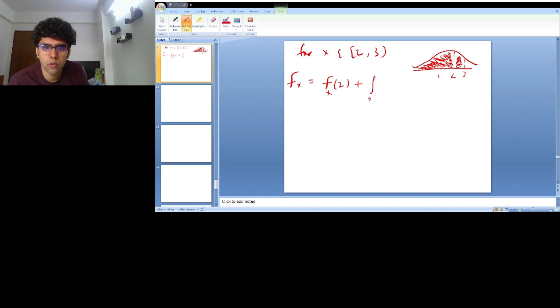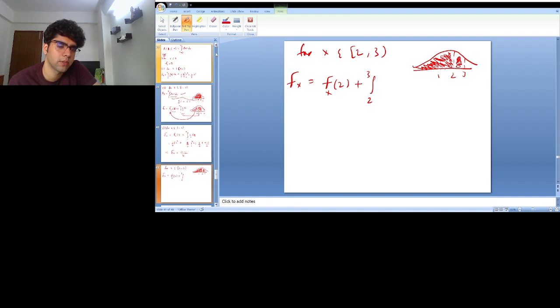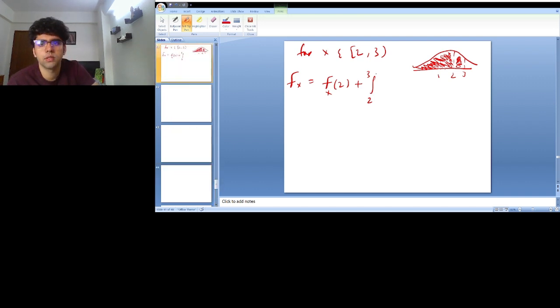This is the integral from 2 to x, and my PDF when my x was lying between 2 and 3 was minus half x plus 3 by 2, so minus half t plus 3 by 2 dt.